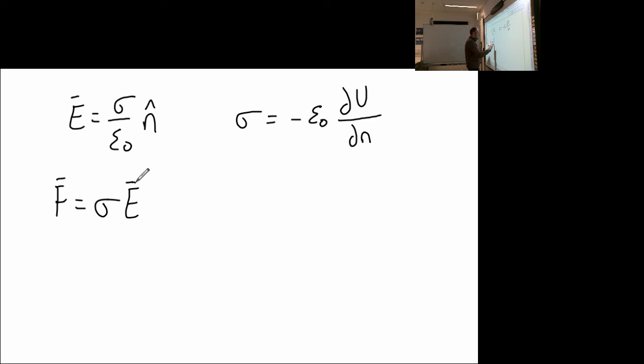And what we're doing here is taking the average electric field. So this is going to be equal to 1 over 2 times sigma times the electric field above plus the electric field below.